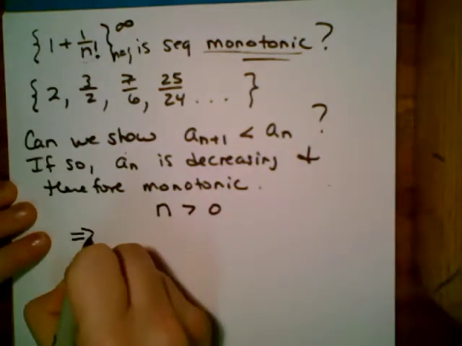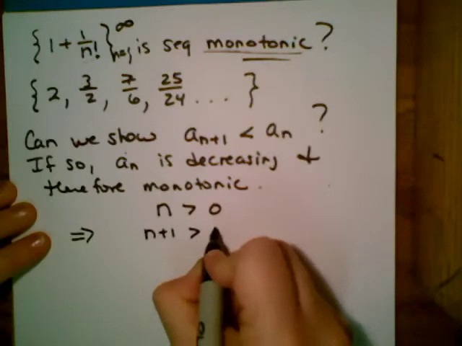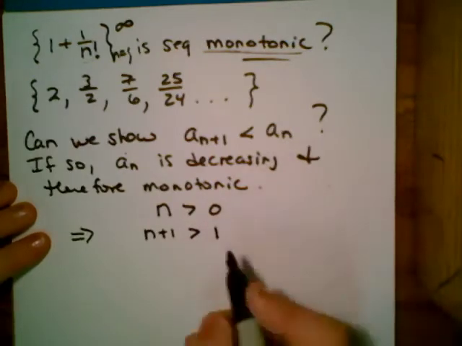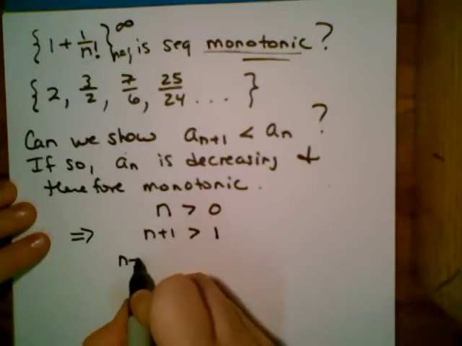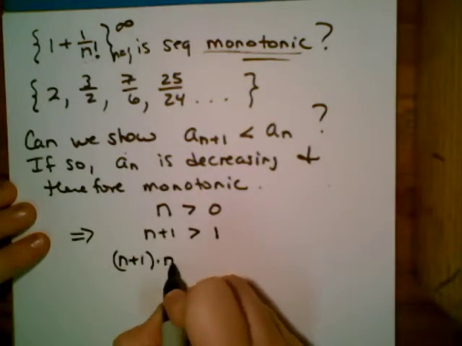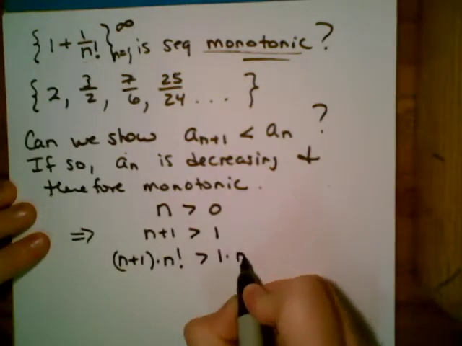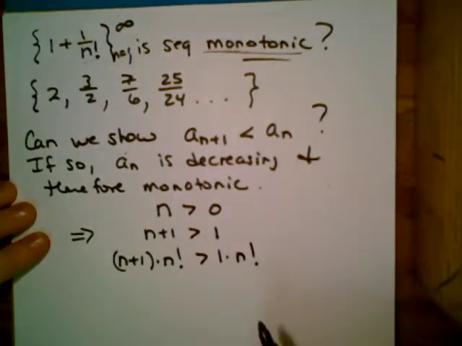and that would imply that n plus 1 is greater than 1. Adding 1 to both sides, we keep this relation. And then if we multiply both sides by a positive factor, the relation stays true.